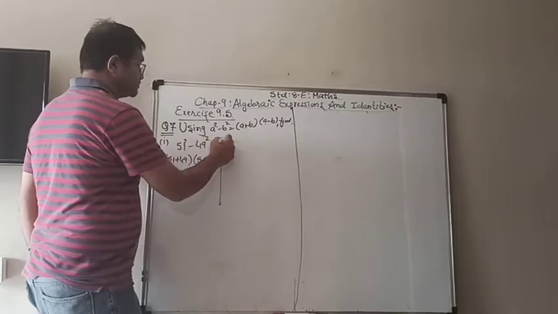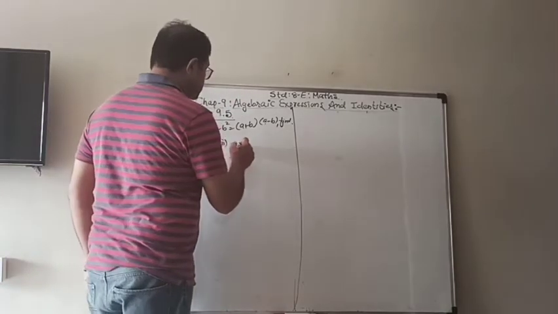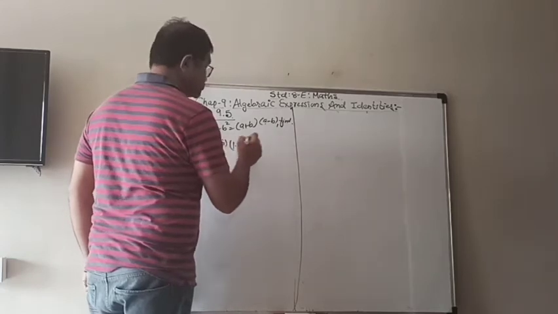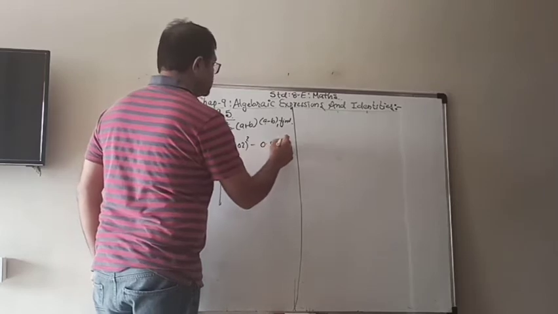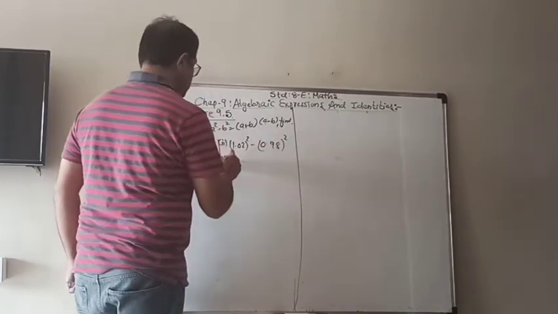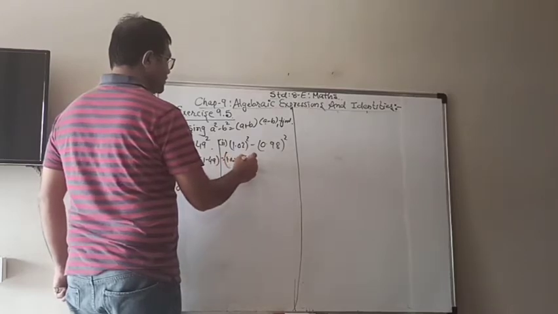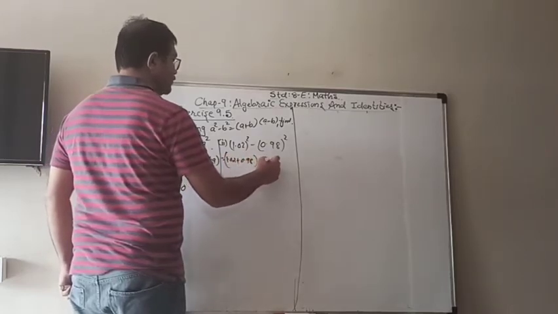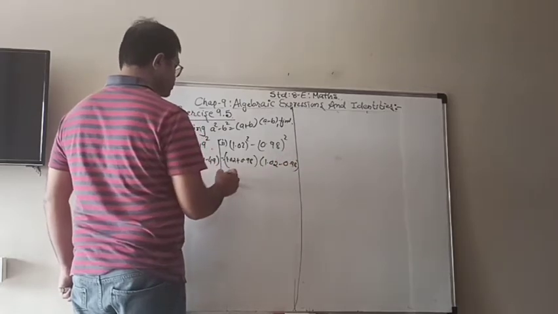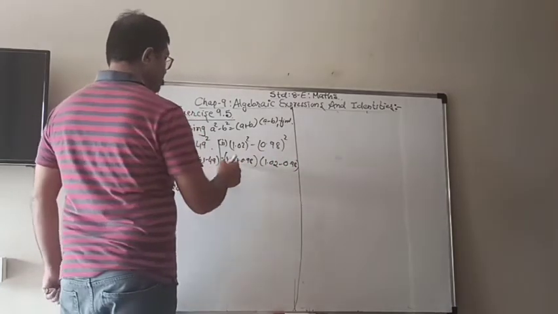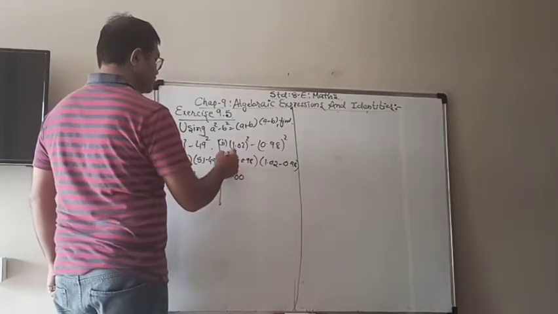Second one is 1.02 whole square minus 0.98 whole square. So here also 1.02 plus 0.98, 1.02 minus 0.98. So here 8 plus 2 is 10, 9 plus 1 is 10, 1 plus 1 is 2.